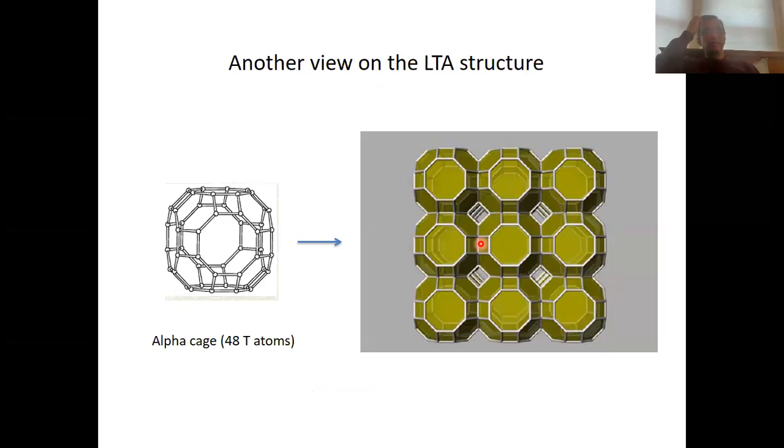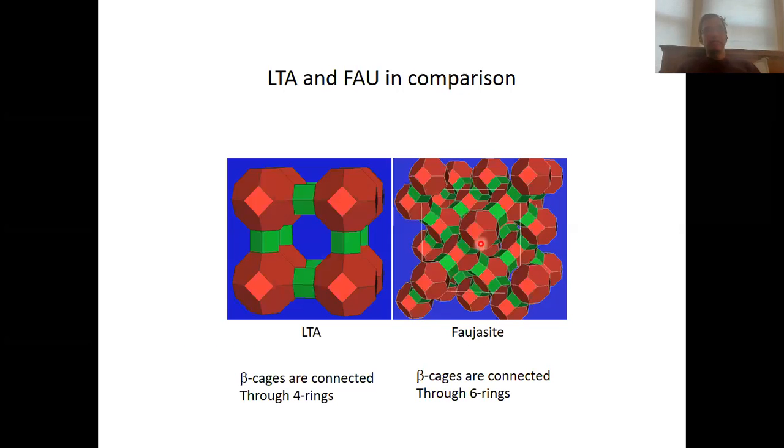There are often multiple views on the same structure possible, and you choose these views depending on which structural feature of the zeolite you want to emphasize. For instance, in the LTA structure, you can also define alpha cages. Why is that? We can walk back, and we see that the pore here, which arises due to the interconnection of the beta cages, can be defined as an alpha cage.